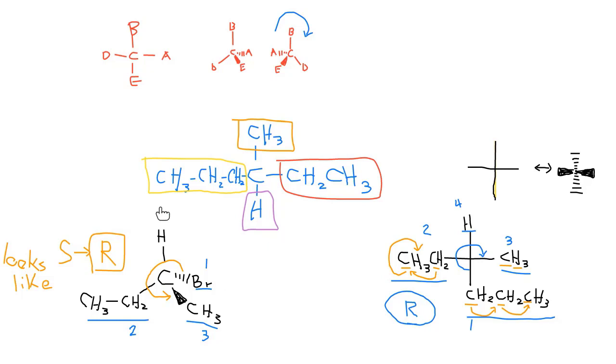Oh, okay. You can skip the lowest priority group. You skip the lowest priority group, but after skipping it, you have to go in the direction from 1 to 2 to 3. I can't go 1, 3, 2. I can't go like this. Okay. Does that help? Yes.